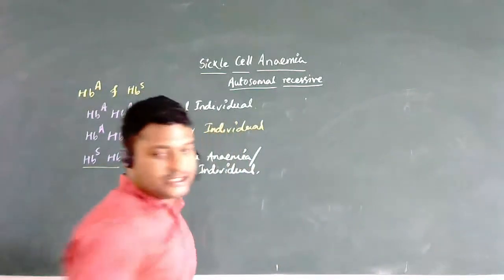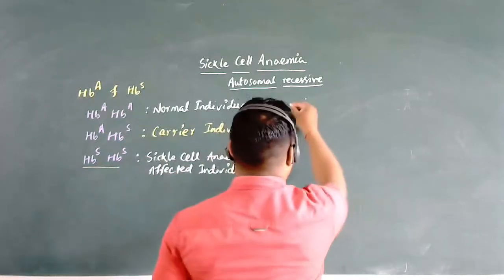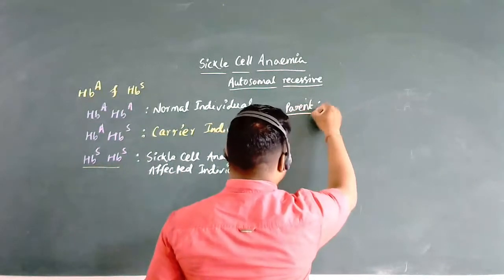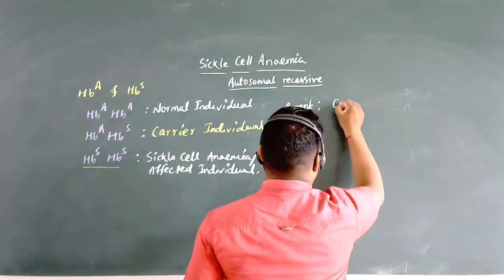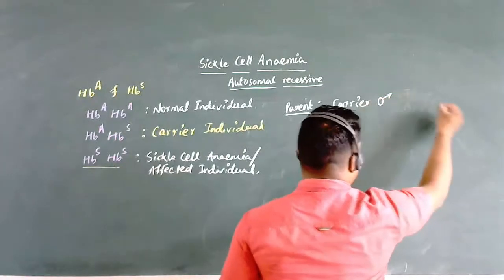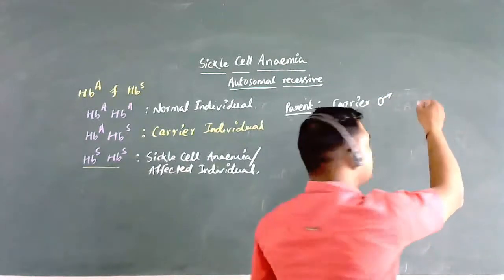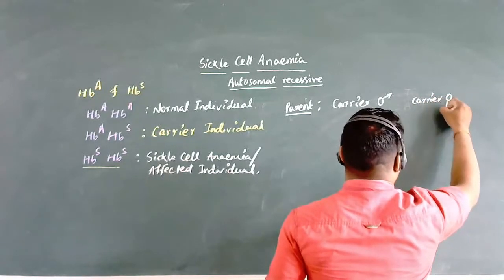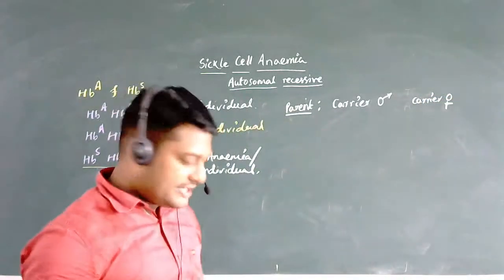You start with the parents. Always you have to start with the parents. So we'll take the carrier male and the carrier female.